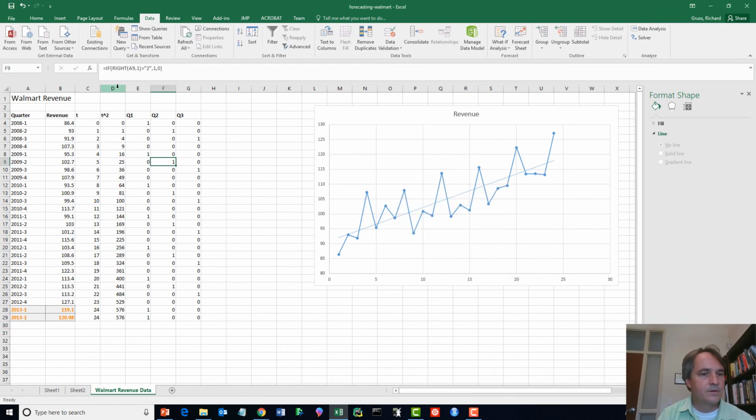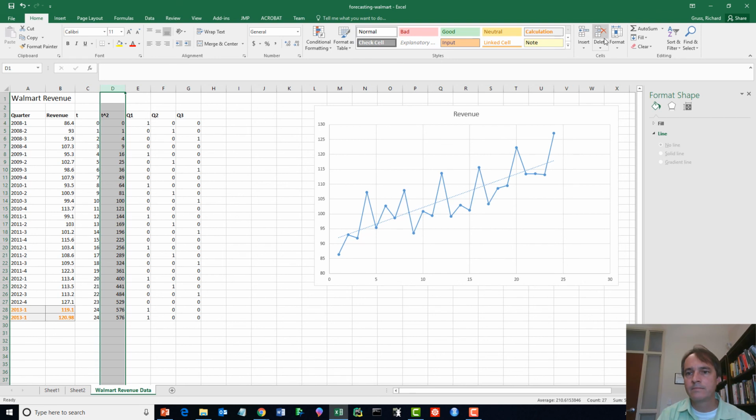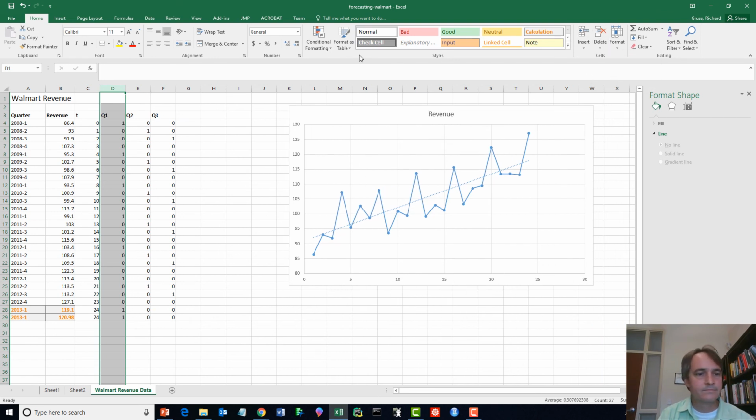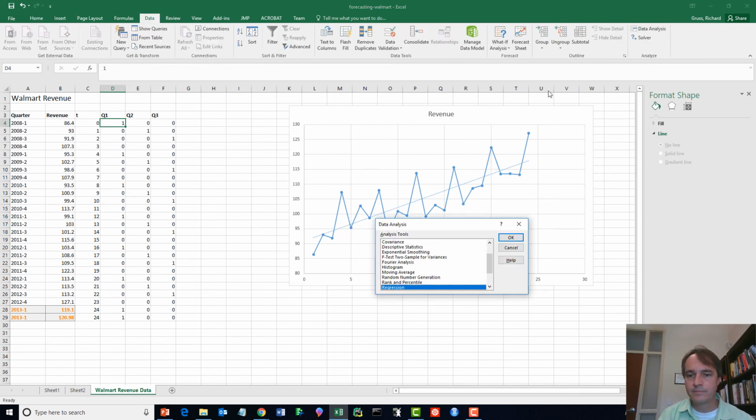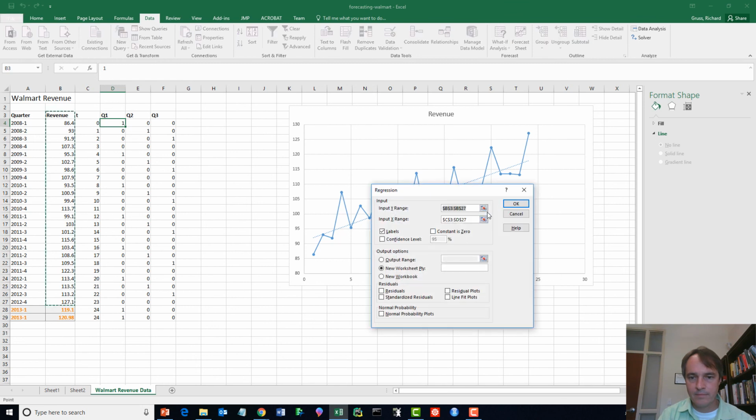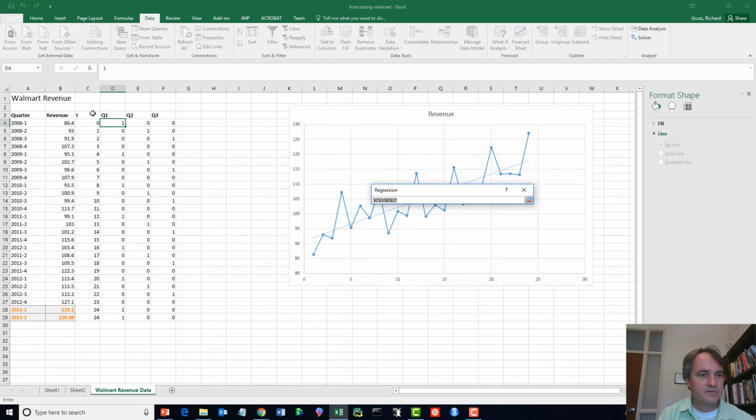We don't need this column anymore, so we'll just take it out. Now these are all of our dependent variable and our independent variables, so they're all contiguous, so we can select them. Okay, so now we're doing all these.